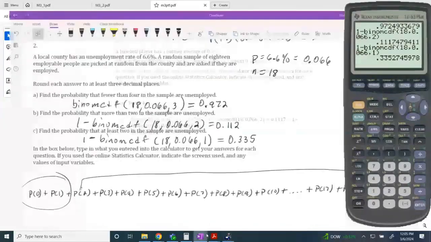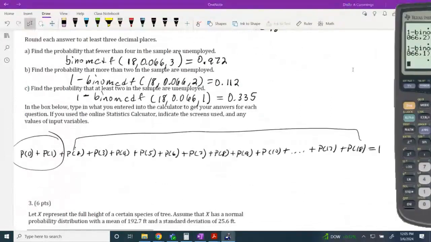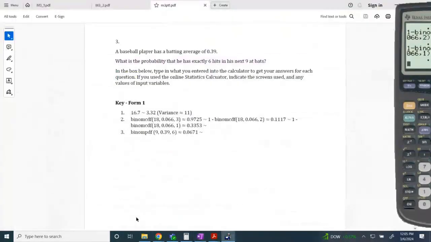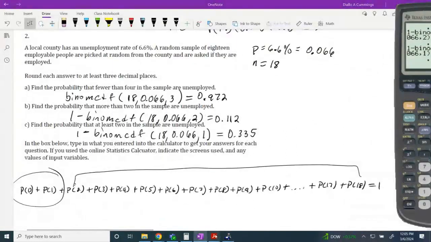So I drew it out, using the fact that all of the probabilities must equal 1, to show why we're putting what we're putting into the calculator. All right, so let's take a look at the lecture notes.